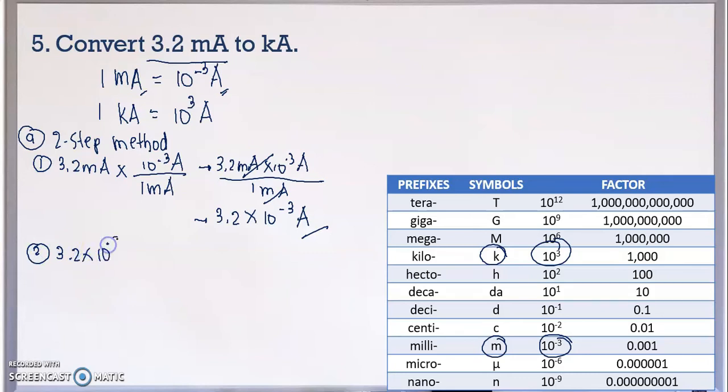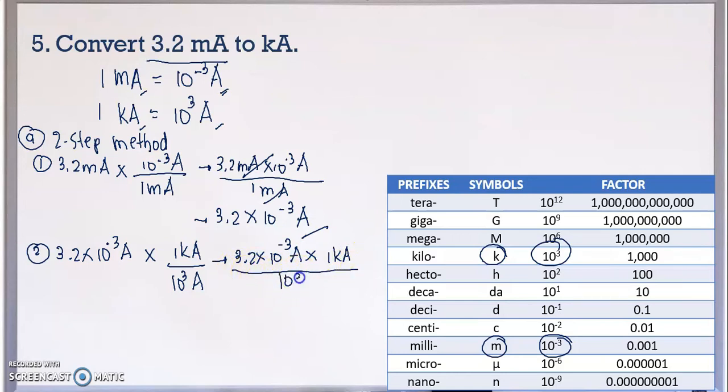3.2 times 10 raised to negative 3 ampere multiplied to the second fraction, which is 1 kiloampere divided by 10 raised to 3 amperes. 3.2 times 10 raised to negative 3 ampere multiplied to 1 kiloampere divided by 10 raised to 3 amperes.